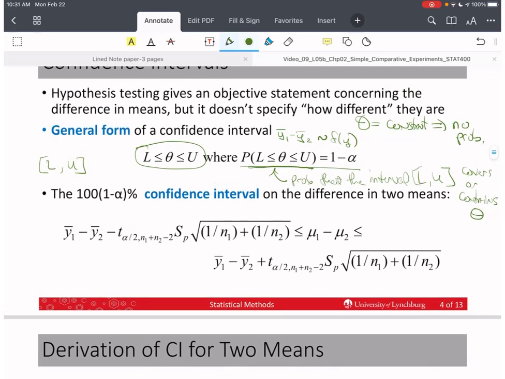And so this probability here, which is also 1 minus alpha, is called the coverage probability. Okay. And so we have the 100(1 minus alpha)% confidence interval, and we can use CI to denote confidence interval.